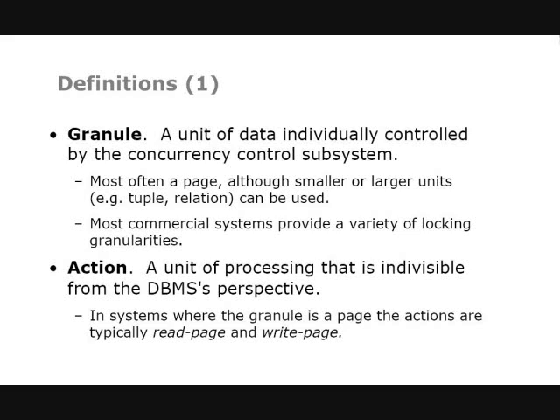Because if I use as granularity a whole entire file, while that is locked by a particular transaction, no other transaction will be able to access that. If I only lock one individual tuple, the rest of the tuples will be available. So having a smaller granularity has some advantages in that we can have more concurrent access to the data.